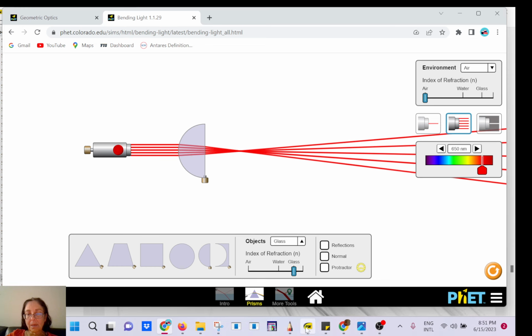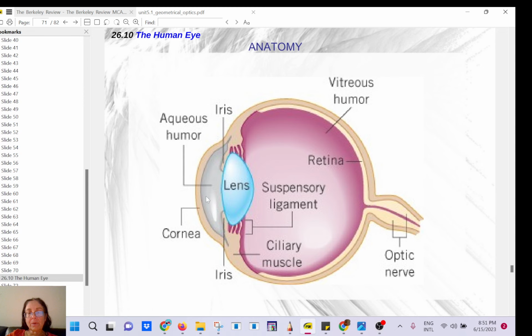That's what's happening with the cornea. And then here is just some liquid, and there you have also some liquid. This one is called the aqueous humor. Here is vitreous humor. The index of refraction for those is very close to the index of refraction of water.